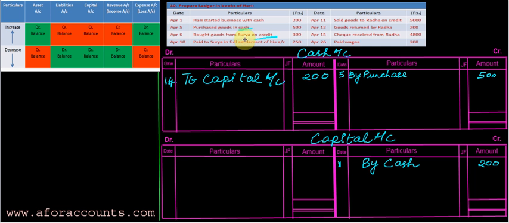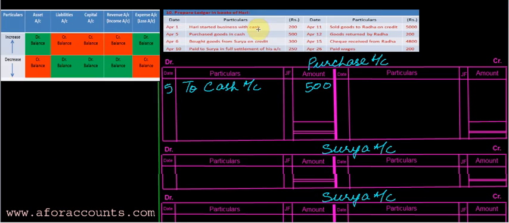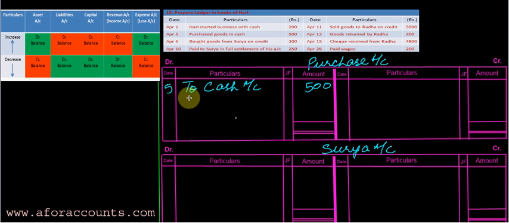So purchase account debit to Surya on 6th of April by 300. So in Surya's account write by purchase 300 on 6th of April.